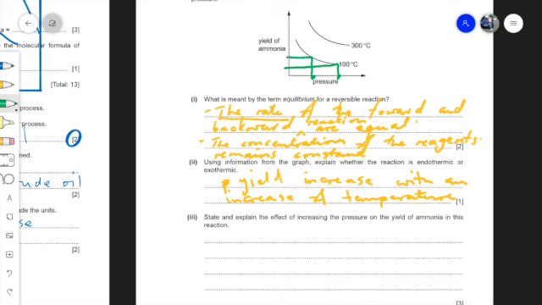You can see that in both cases, at low pressure, the yield is going to be high, whether the temperature is 100 or 300. And at high pressure, the yield is low. And we can see the reason why.